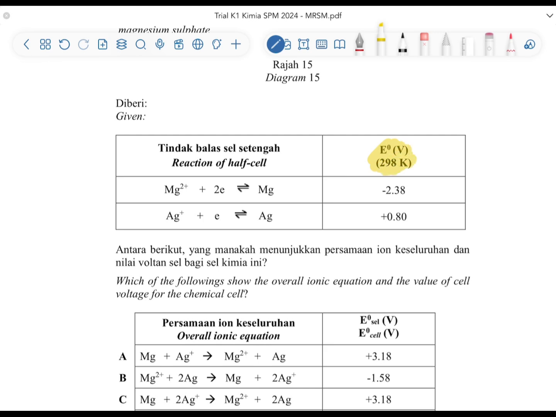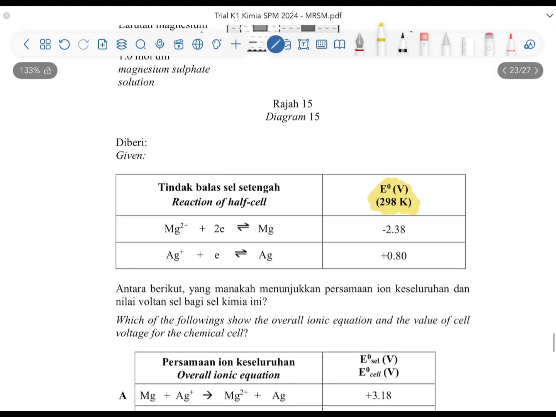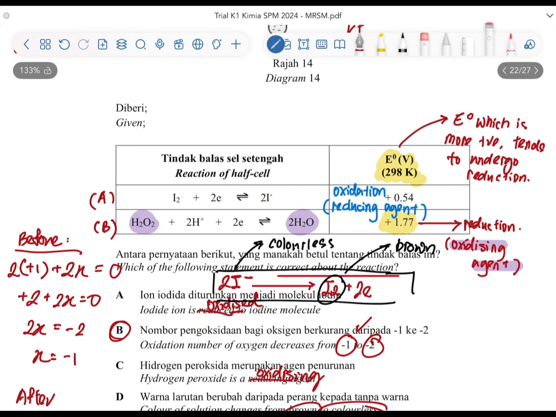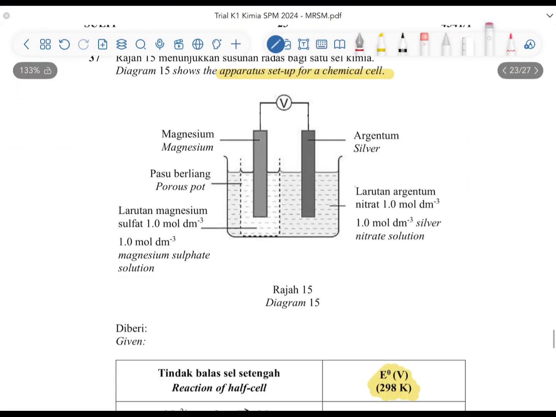So always we are going to identify for the E0 value which one is the oxidizing agent and which one is the reducing agent. So based on what I said just now, for the E0 value which is more positive, it tends to undergo reduction, so it will be the oxidizing agent.